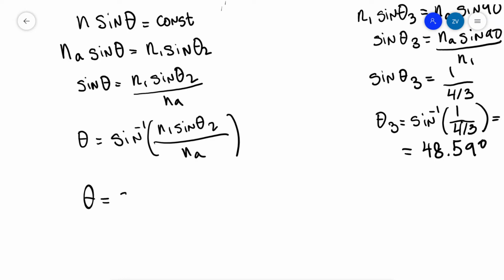Theta will be equal to the inverse sine of n1, which is 4/3, multiplied by the sine of theta 2, so that's the sine of 48.59, and we're going to be dividing that by NA.